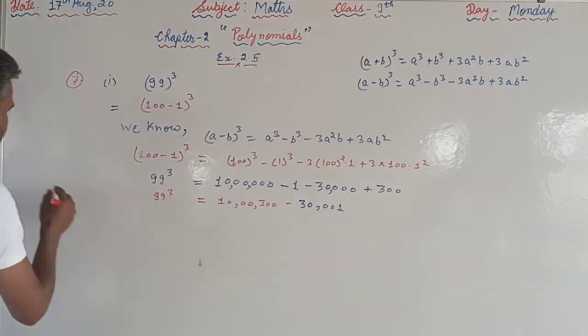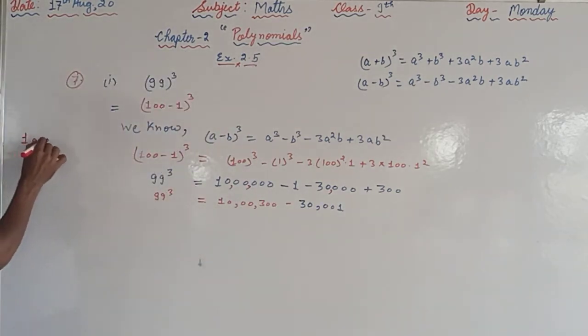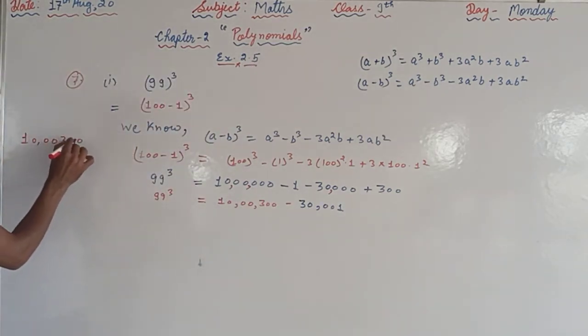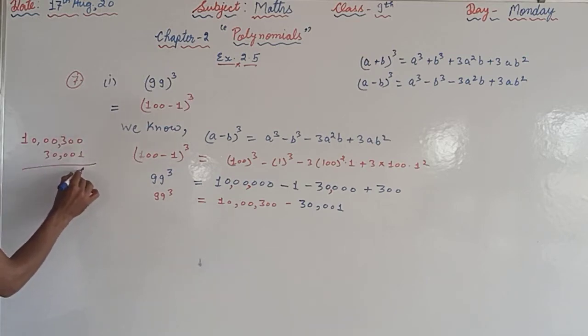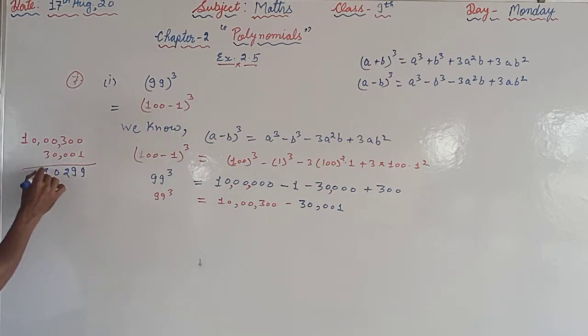So we can subtract 10 lakh 300 minus 30,001. If we subtract, we will get here 9920. Here we will get 7 and here we will get 9.